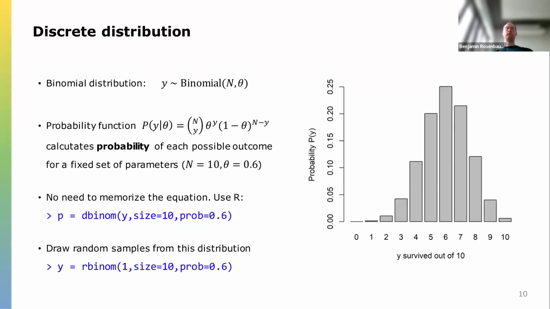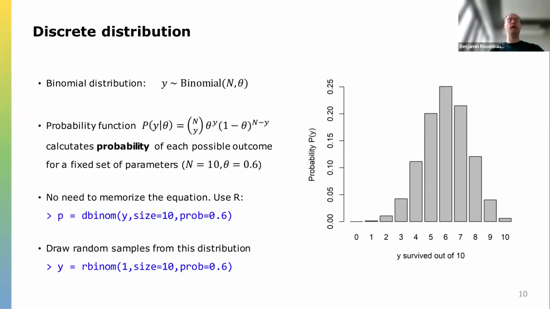But we know there's some mathematical function that can calculate the probability of each outcome by this formula, if we know the parameters of these distributions. And here we know the parameters: the size is 10 and the survival rate is 0.6. So you do not need to know this equation by heart.